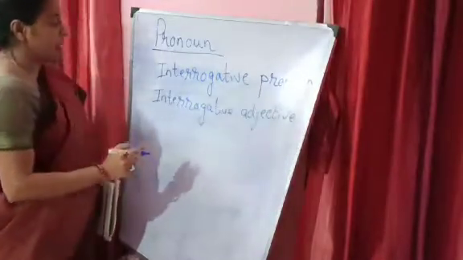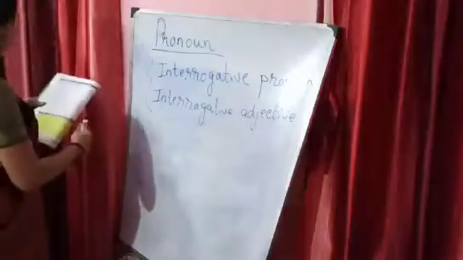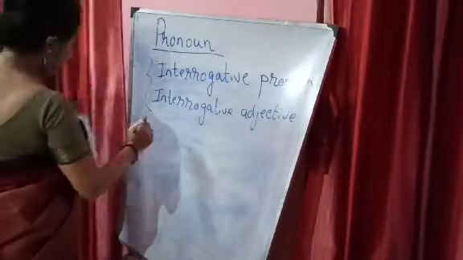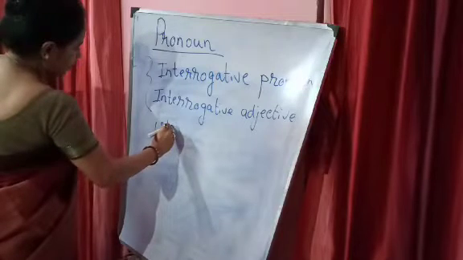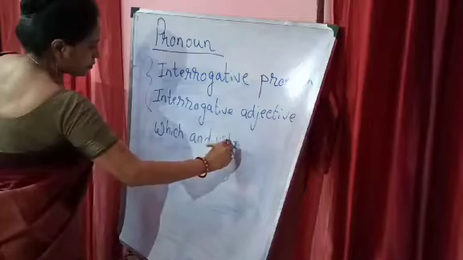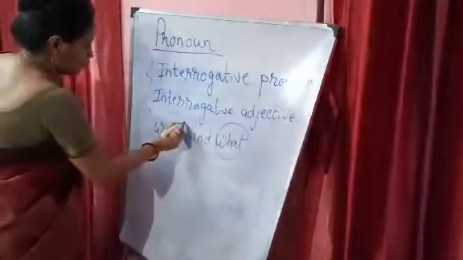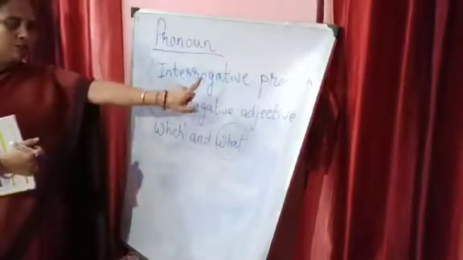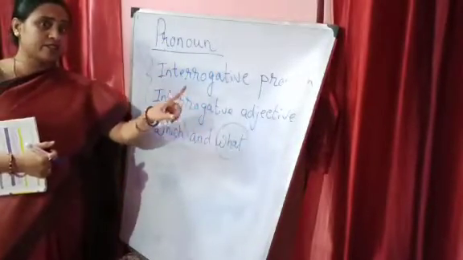Just keep this in mind. The words are the same. The words are which and what. The two words, which and what, stand for interrogative pronoun also and interrogative adjective also.